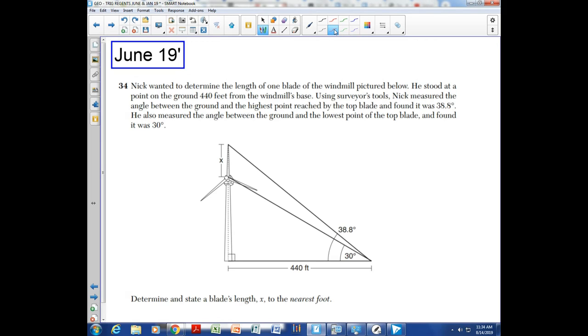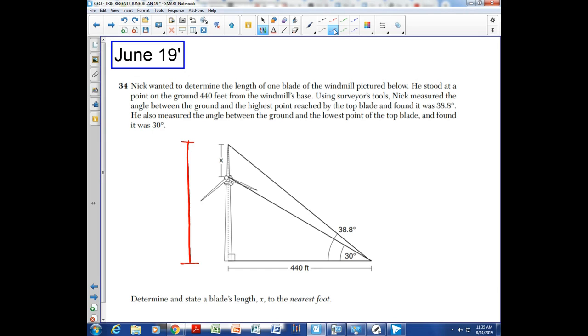And if I use right triangle trigonometry and that 38.8 degree angle, I'm going to end up with the length from all the way up here, the top of that angle, all the way to the bottom over here, right?